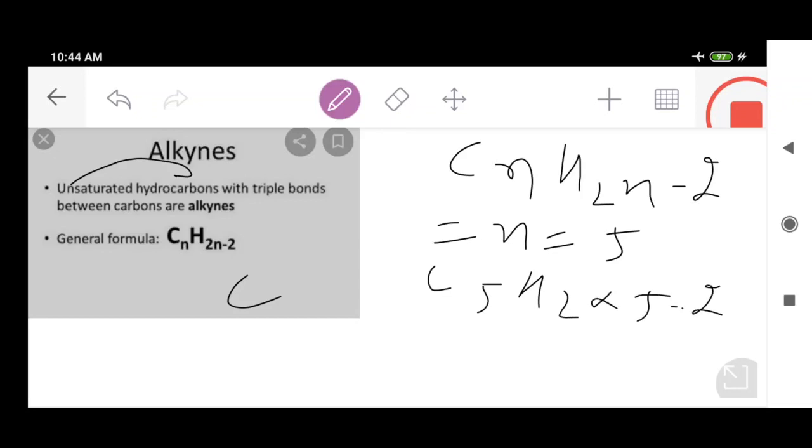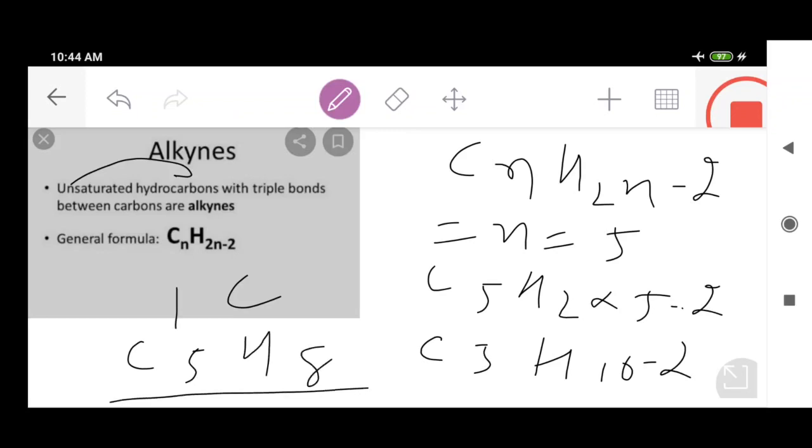That means C5, 5 twos are 10 minus 2, that is C5H8. 5 carbon atoms are called pent, and yne because there is a carbon-carbon triple bond between the carbon atoms.